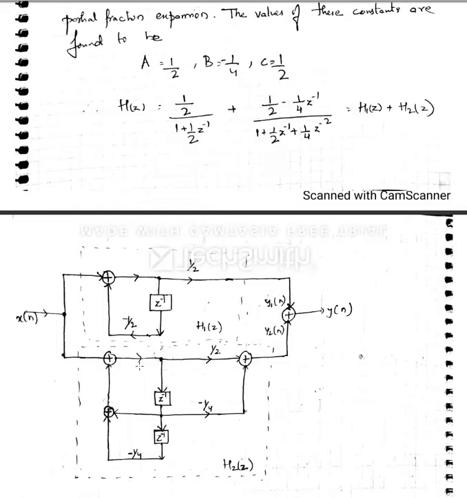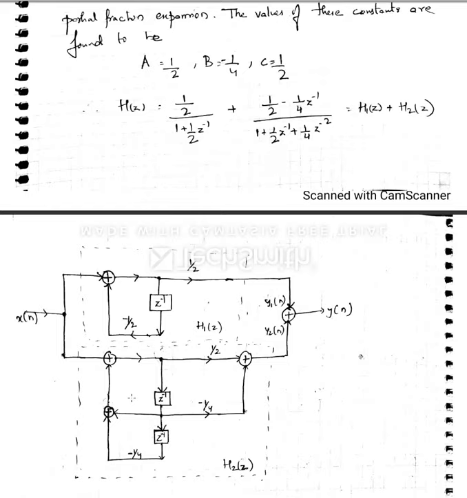Similarly, you have your x of n, and you have your adder here. Now you have your 1 here, and after a delay element you have your 1 by 2. Looks like I have missed writing it here.